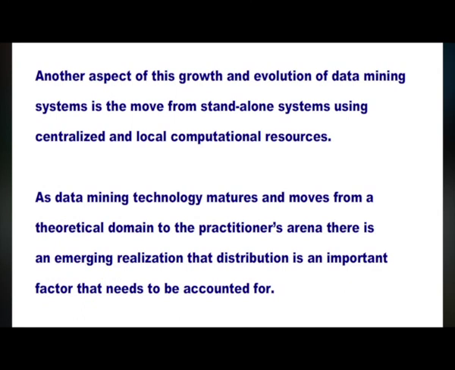Another aspect of the growth and evolution of data mining systems is the move away from standalone systems using centralized methods and local computational resources. As data mining technology matures and moves from a theoretical domain to the practitioner's arena, there is an emerging realization that distribution is an important factor that needs to be accounted for.